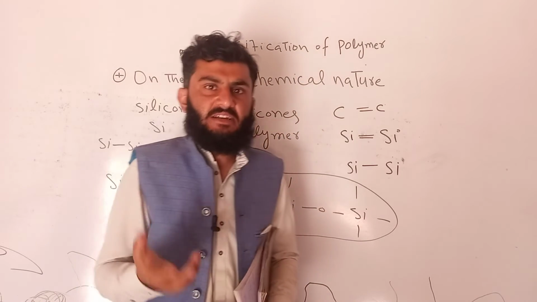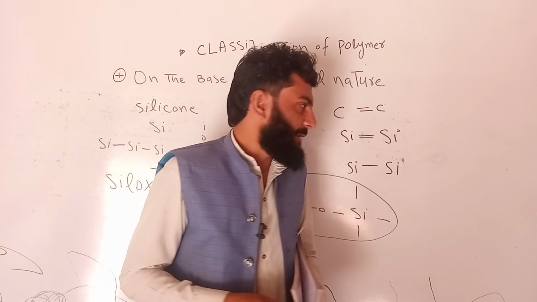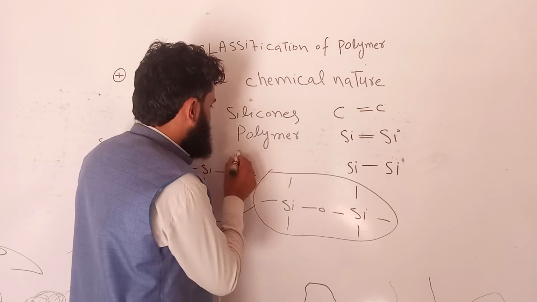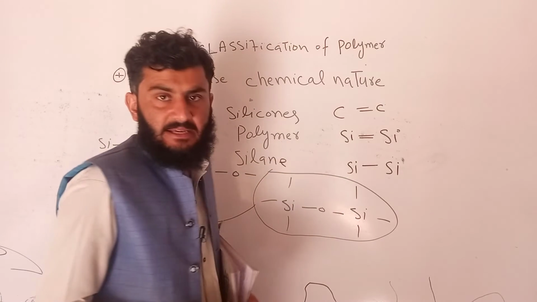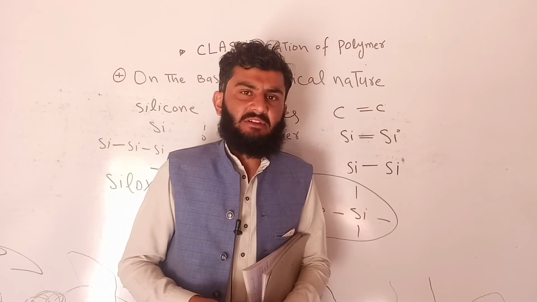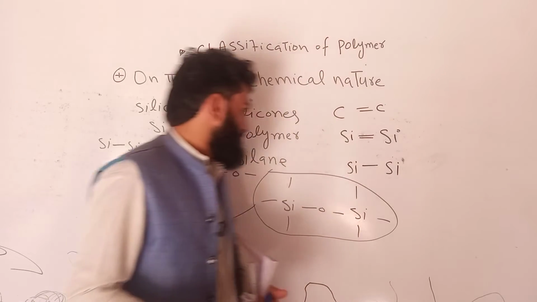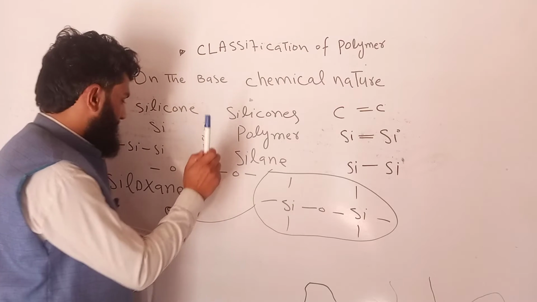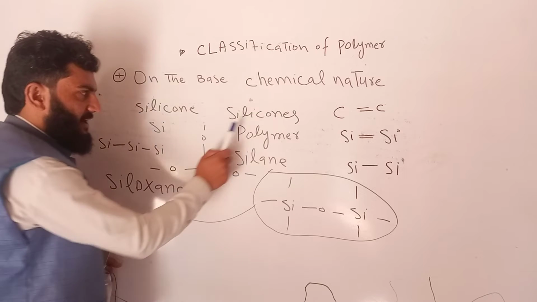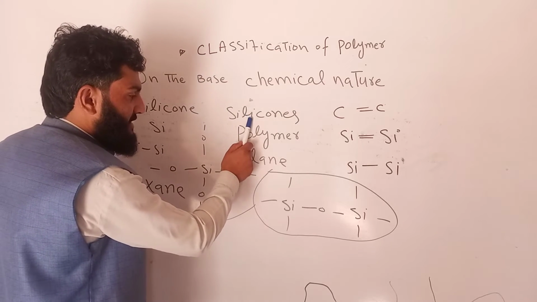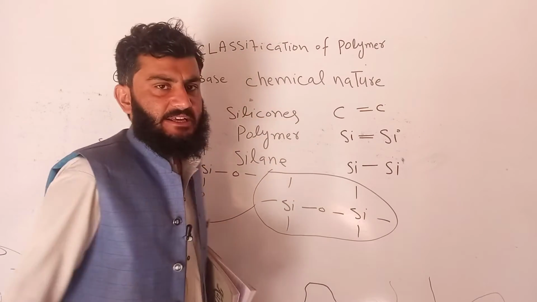I want to repeat: silicon doesn't form a silane polymer with single bonds. If silicon forms bonds through oxygen, then it forms a siloxane polymer. An example of a siloxane polymer is silicone, where this type of skeleton is repeated.